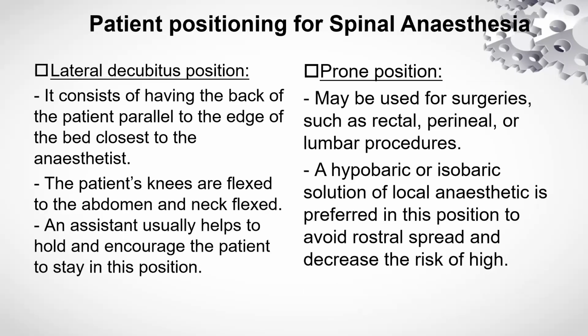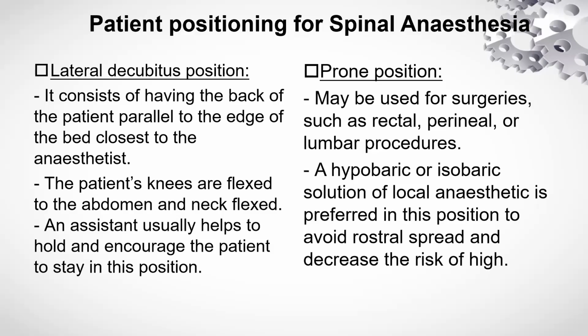We have the lateral decubitus position in which the patient flexes the back, the knees, and the abdomen. An assistant usually helps to hold and encourage the patient in position, but the patient usually lies parallel to the edge of the bed closest to the anesthetist. Spinal anesthesia may be done in prone position.